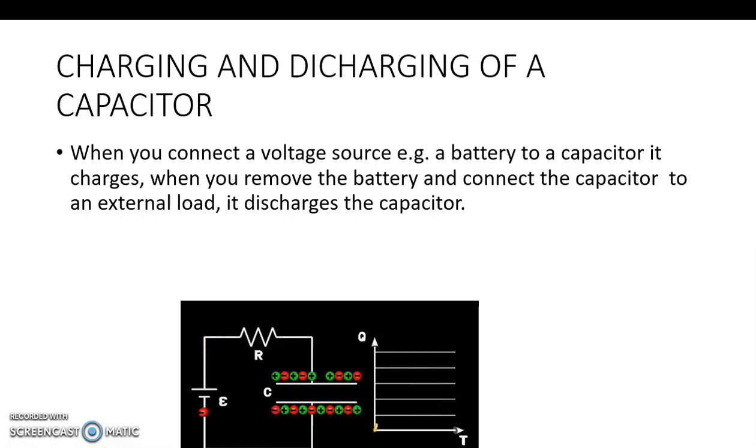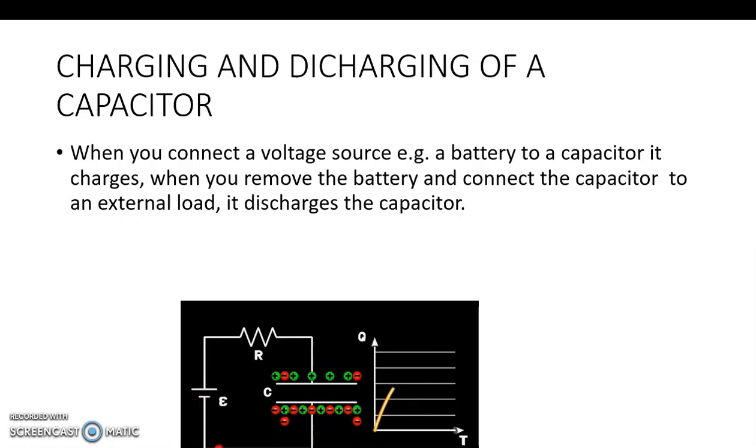Capacitors can be charged and discharged. To charge a capacitor, you will connect a voltage source, that is a battery, to the capacitor. And to discharge a capacitor, you remove the battery and connect it to an external load. So when you do that, the capacitor discharges.